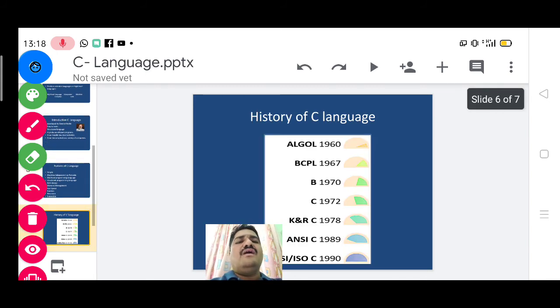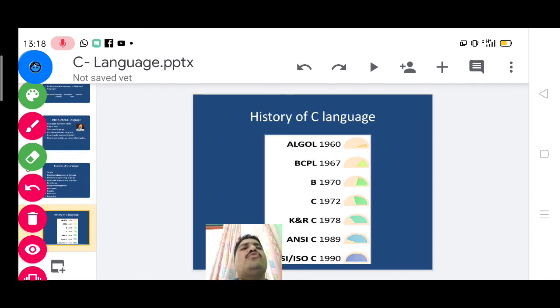It is important, the most usable language. Now some history of C language.